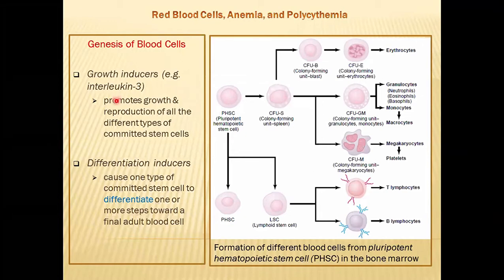Then differentiation inducers, because for one type of committed stem cell to differentiate one or more steps towards a mature blood cell, like before this one becomes a neutrophil or a basophil, you need the differentiation inducer. And then you need the growth inducer for the CFUs to become CFU-GM or CFU-M or CFU-B, etc.